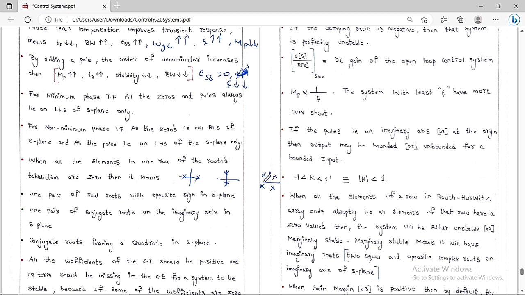Out of these, one case is possible because only one row is completely 0 in the case of the RH table.